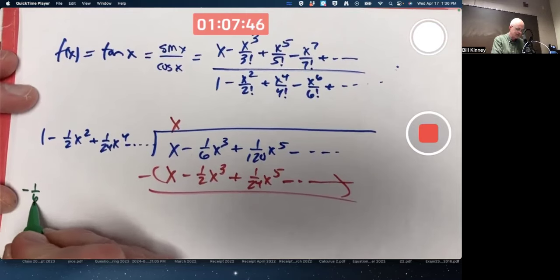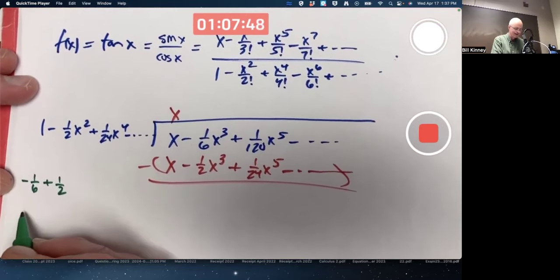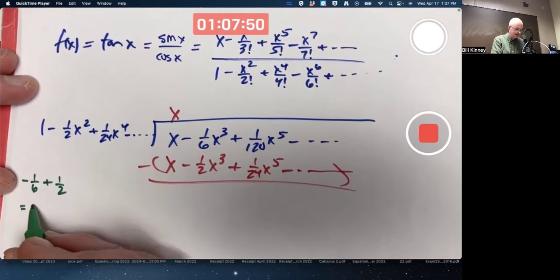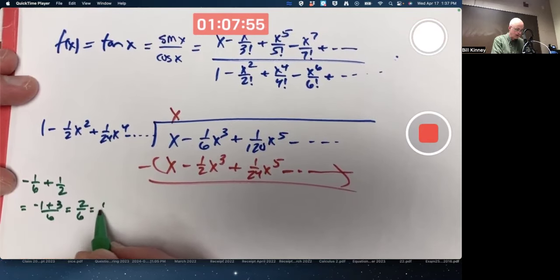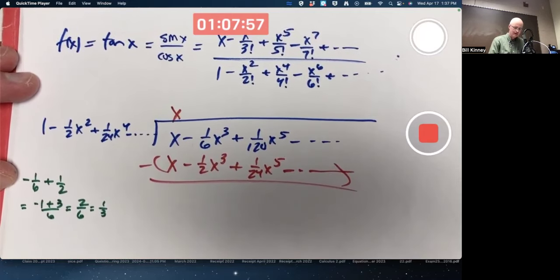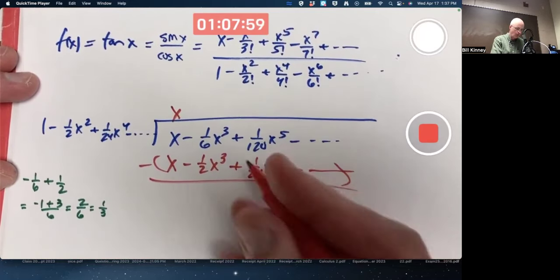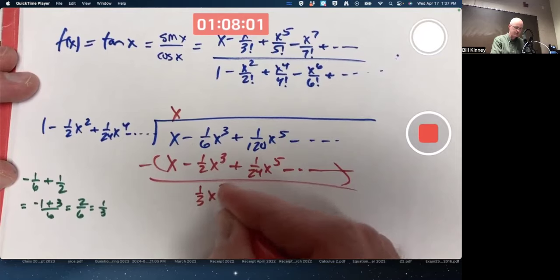Okay, more work with fractions. Negative 1/6 plus 1/2. Get a common denominator of 6. That's 2/6 or 1/3. So this becomes 1/3 x cubed after subtraction.